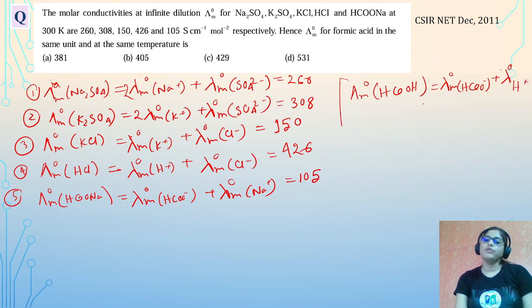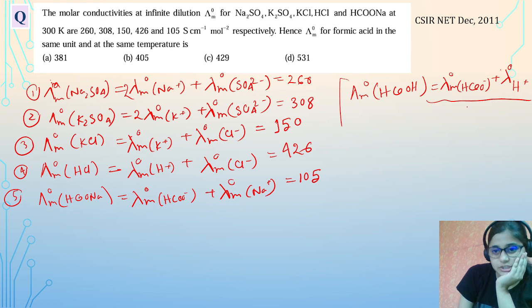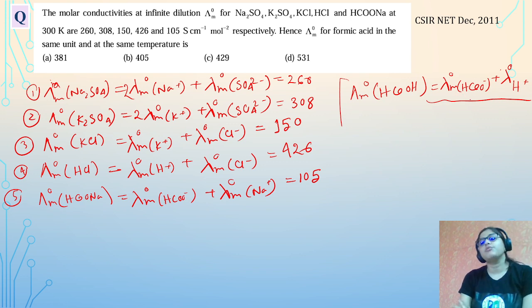So we have to find these two values. In which equations are HCOO minus and H plus? We first add those two equations. After summation and subtraction, we need to find this sum value. First we see in which equation HCOO minus is there. The fifth equation, right?